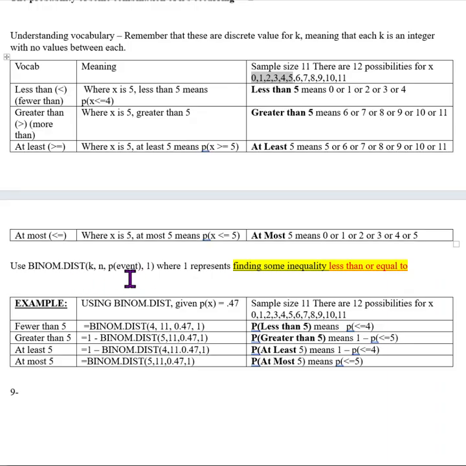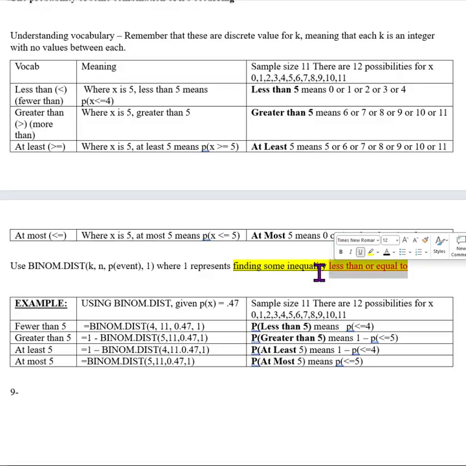The binomial distribution function, and it's not any better with the calculator, has a fixed concept. It is the probability of finding some inequality less than or equal to. So I have to substitute into the binomial formula so that it will calculate less than or equal to.